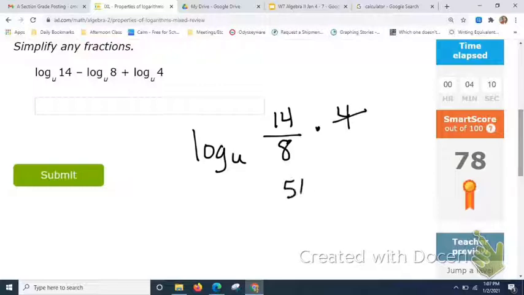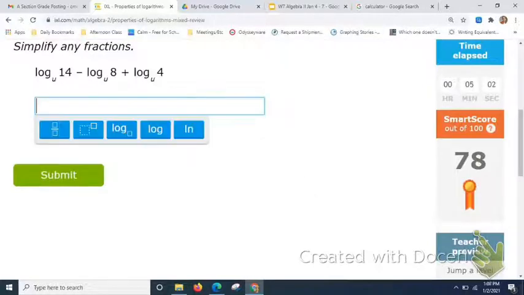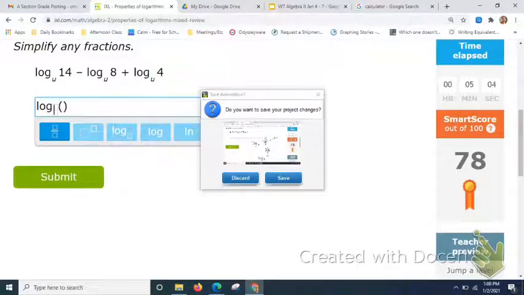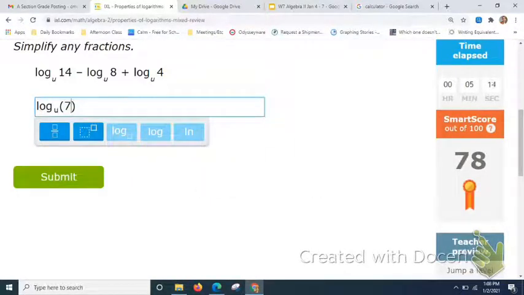That might be the simplest way to think of that. 14 times 4 is 56. 56 divided by 8 is 7. And that's where that whole business of simplifying the fractions comes in. That would be when it's numbers. So log base u of 7. Notice that is not the same thing I would get if I actually add and subtract.